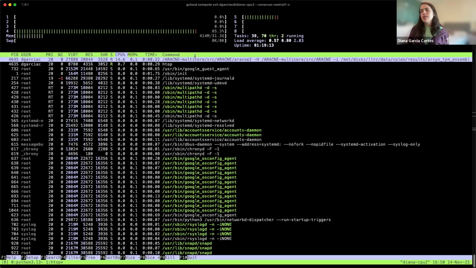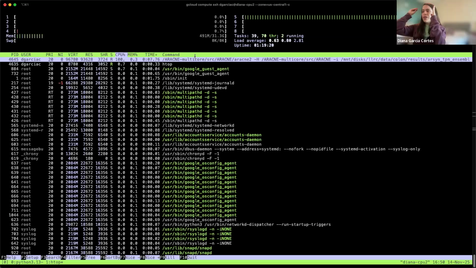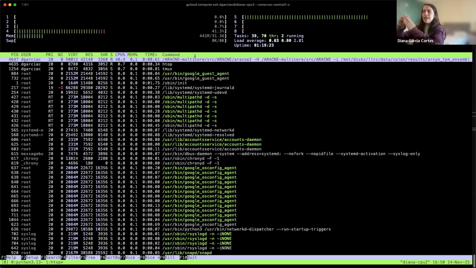And because it's doing multiple calculations on those pairs of genes, once it's done with one gene, the task dies, and then another task comes again.